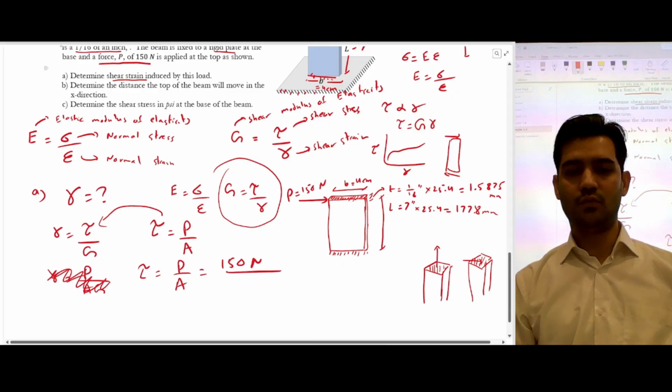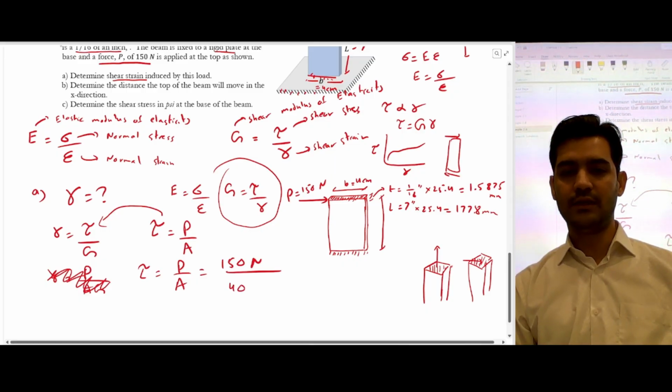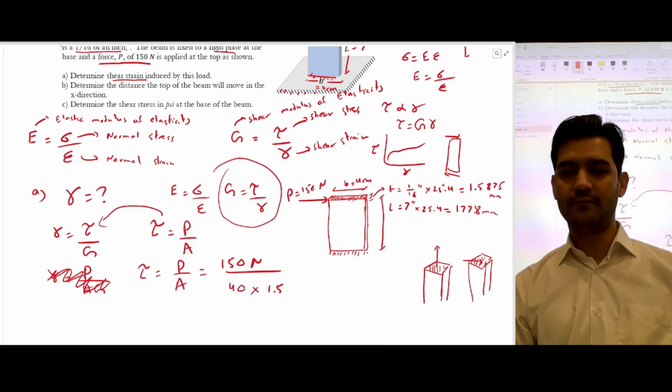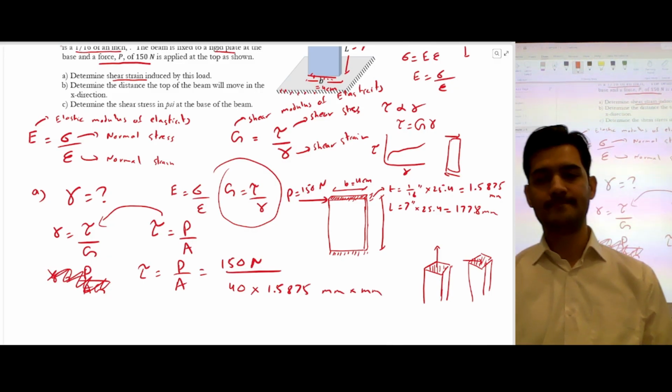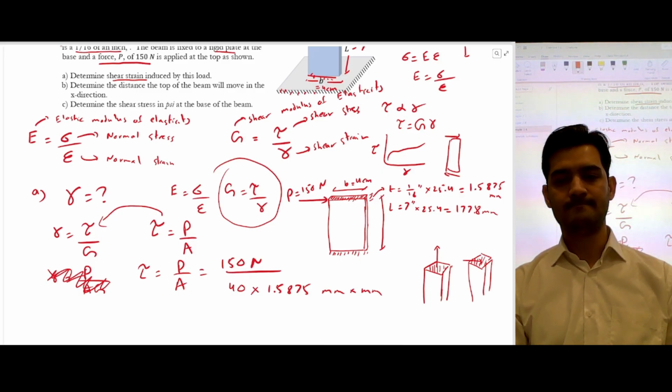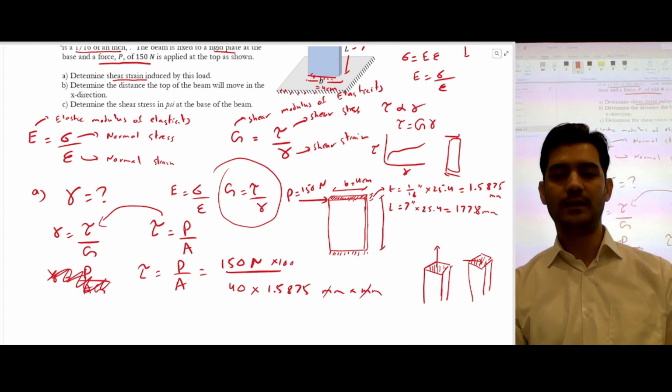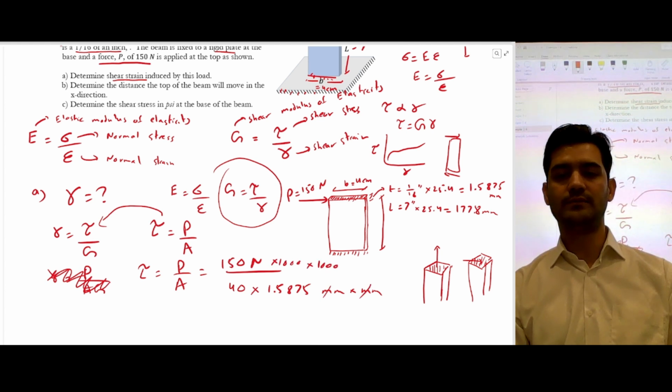So the area would be 40 multiplied by 1.5875 millimeter into millimeter. And if you want to convert millimeter into meter, you're going to multiply by 1000 two times.